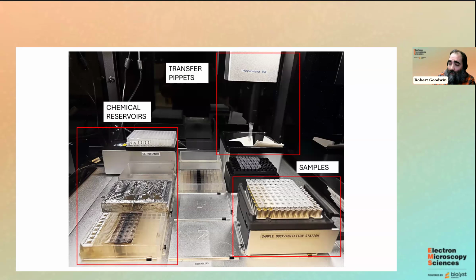Then I have a bulk reservoir in the back for just the water, acetonitrile, and ethanol that I use. When we're done, we pipette it back into our waste bottle, which is then collected by our environmental waste management people here. Hopefully that answers your question.